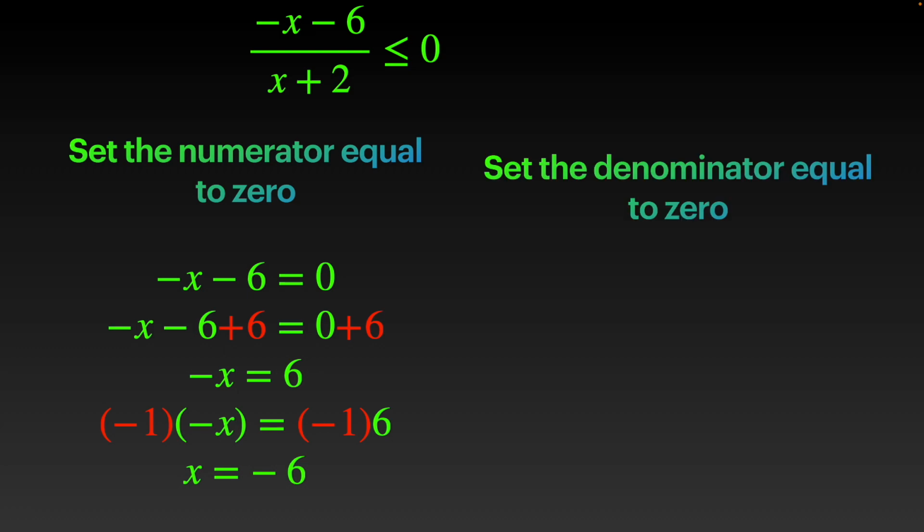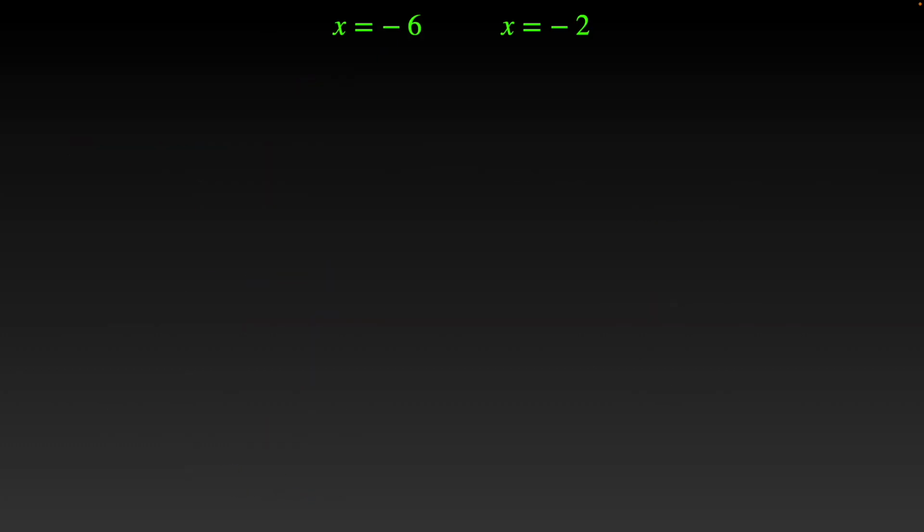Now set the denominator equal to 0. x plus 2 equals 0. Let's subtract 2 from both sides. x equals negative 2. Now we're going to use those two values in our next step. So we're going to use x equals negative 2 and x equals negative 6. So here are the two values.